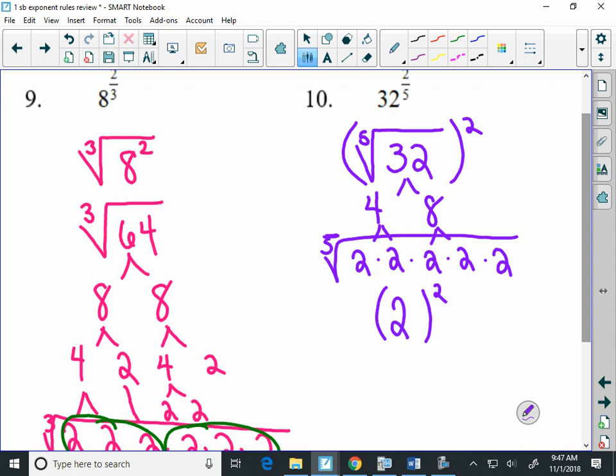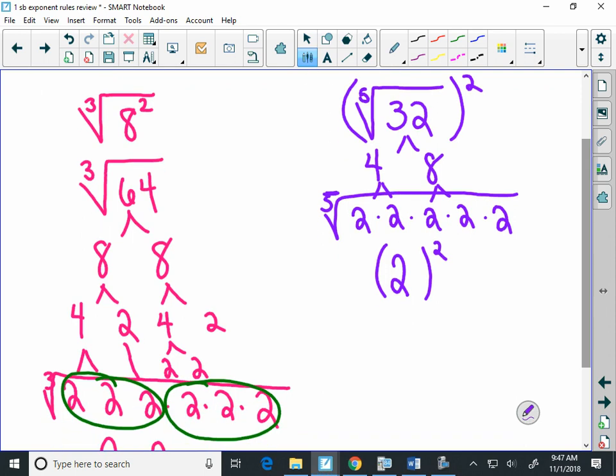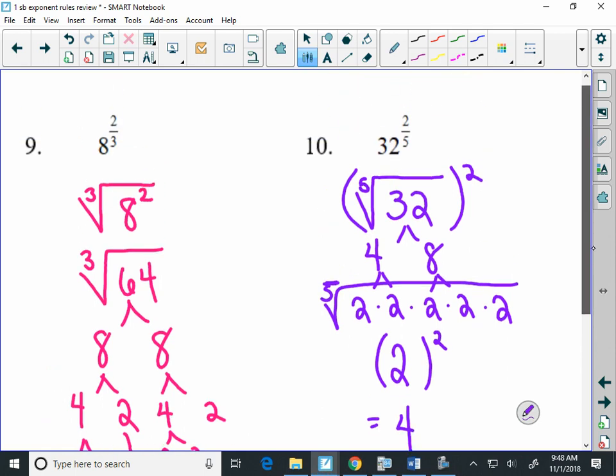Clearly, I like to do these problems without using a calculator, which is why I do some of this long work with the radicals. Some of you already know that the fifth root of 32 is 2, and you don't need to spend that time. But for those of you who don't have a calculator, that might be helpful. To finish this one, the fifth root of 32 is 2. 2 squared equals 4, and that's what 32 to the 2/5 power equals.